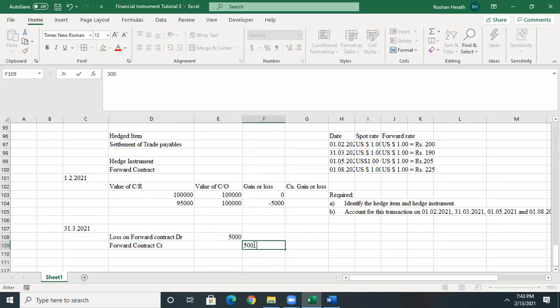You can see that no difference at all, right? But here your narration is going to be, this is about the remeasurement of hedge instrument.